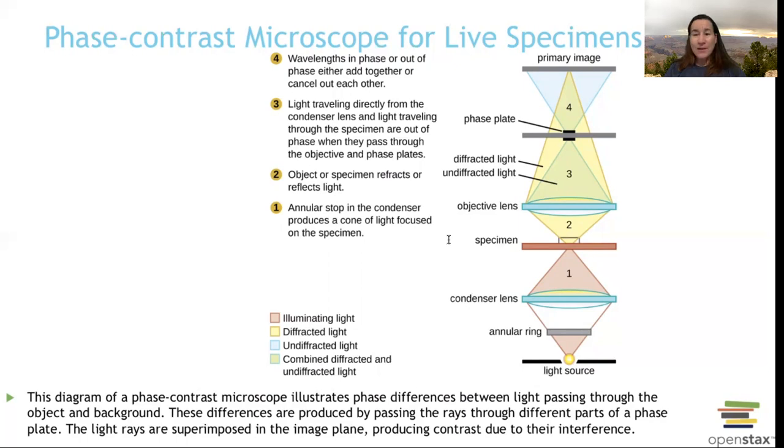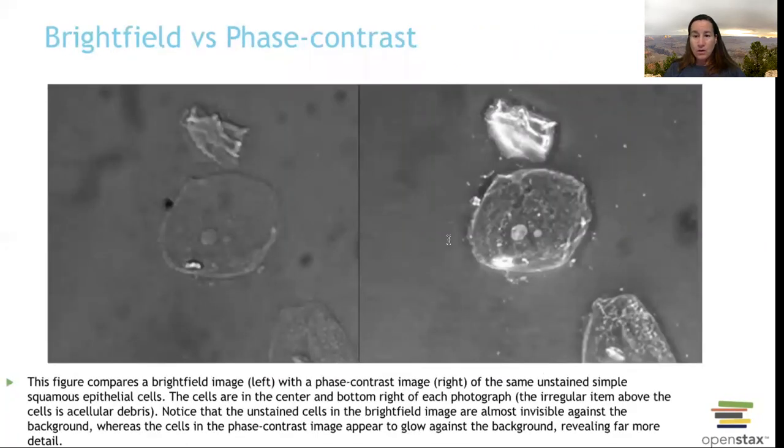I'm not going to ask you about the details on phase contrast, like where exactly the annular ring is placed. I don't need you to know those kinds of details. But I do want you to know that phase contrast is done by altering the wavelengths, and it is a great way to look at a specimen without having to stain it, and it's going to increase your resolution.